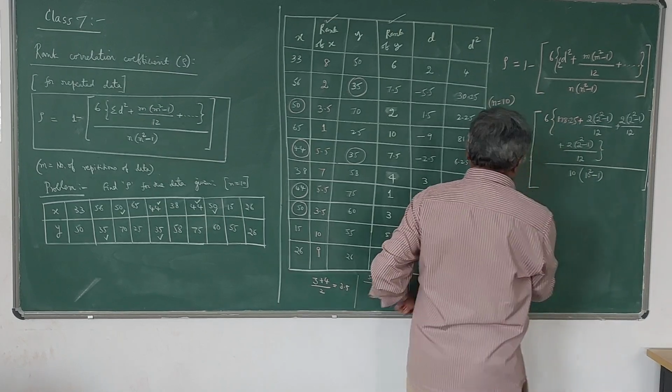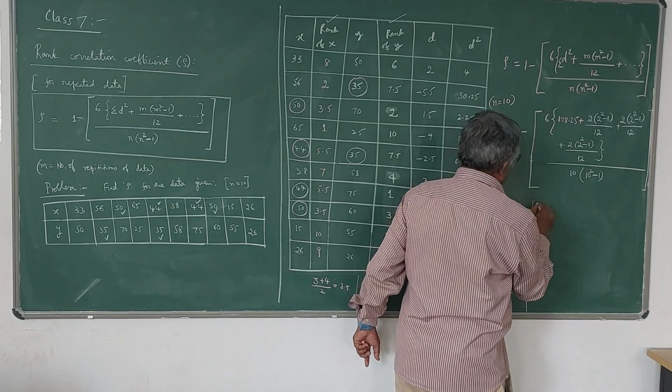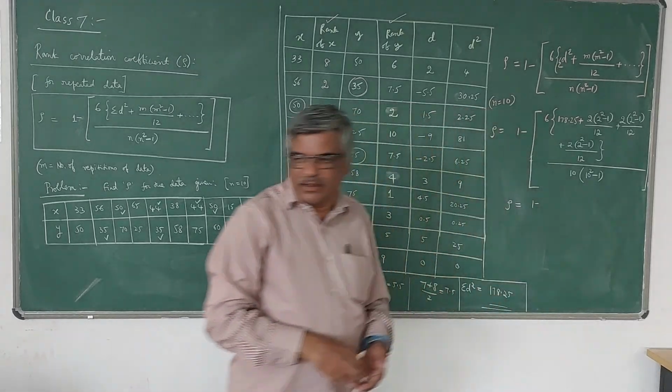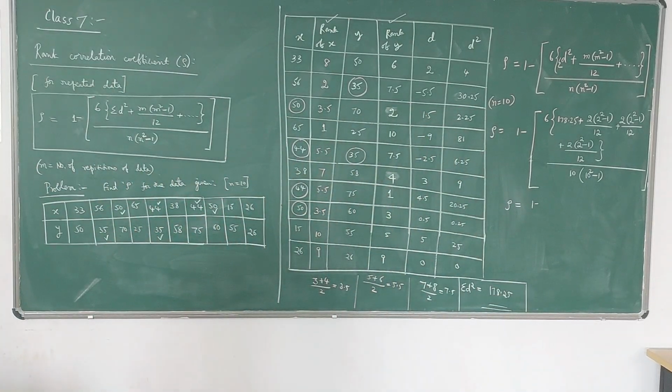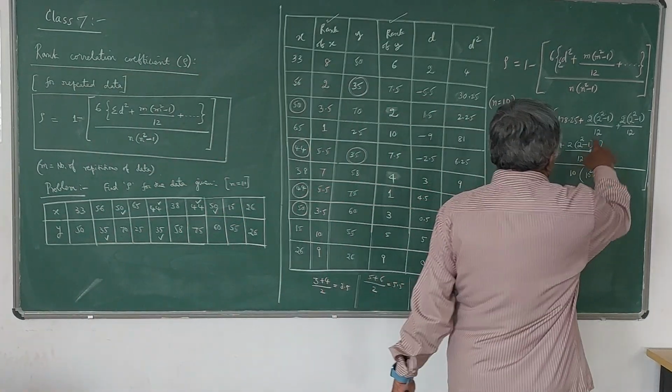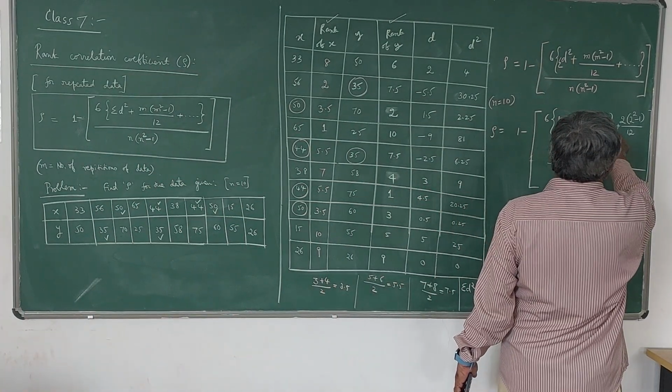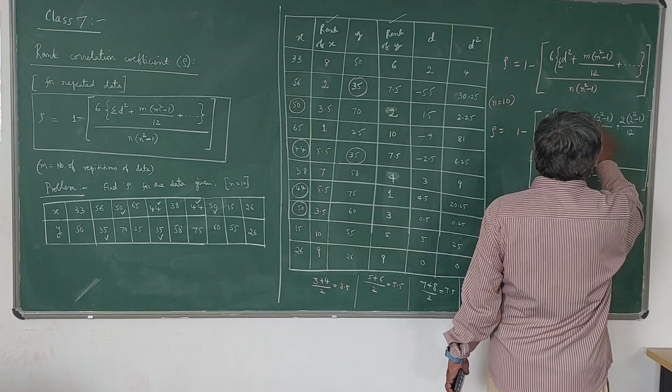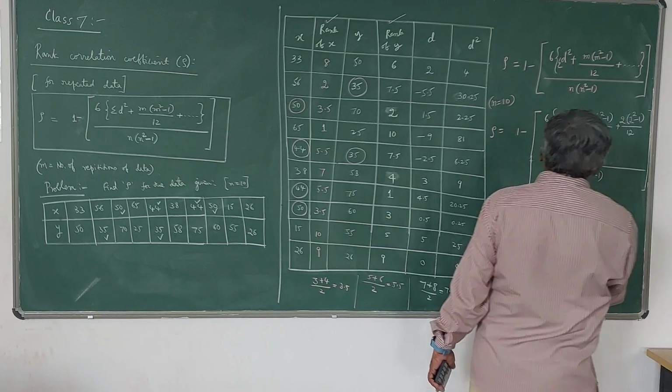Now let us simplify this. Rho is equal to 1 minus. You should be very careful in simplification. So first I will simplify these things. 2 square minus 1, 4 minus 1 is 3. 3 into 2 is 6. 6 divided by 12 is 0.5.